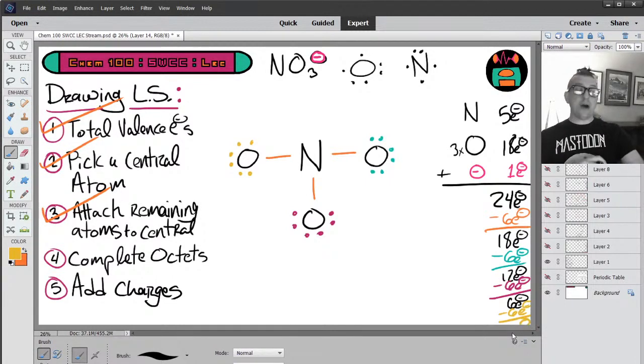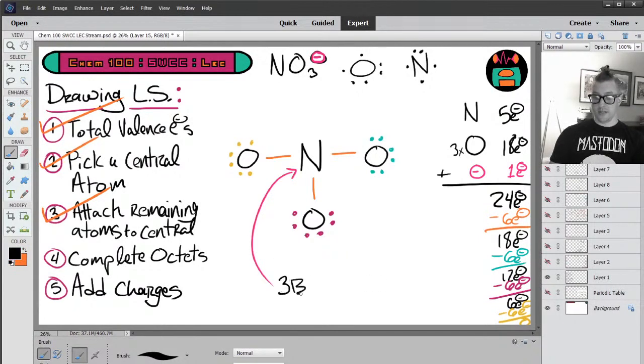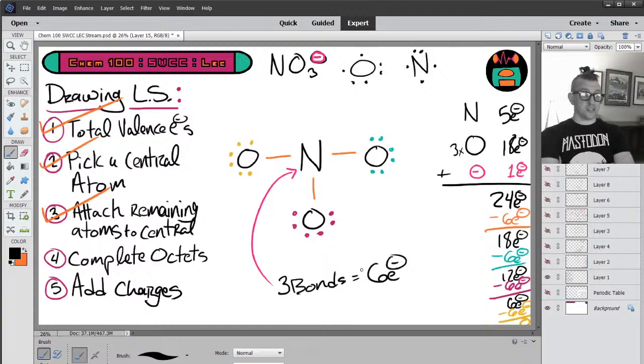The problem is now we're out, and nitrogen only has 3 bonds, which means nitrogen has access to 6 electrons, and it needs a full octet just like every oxygen. Not a problem.